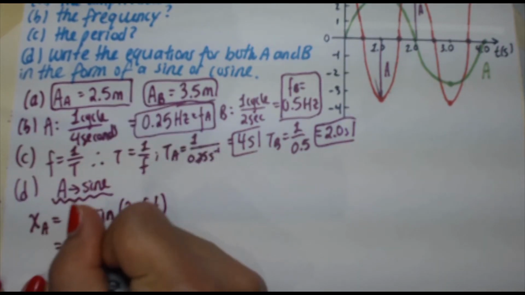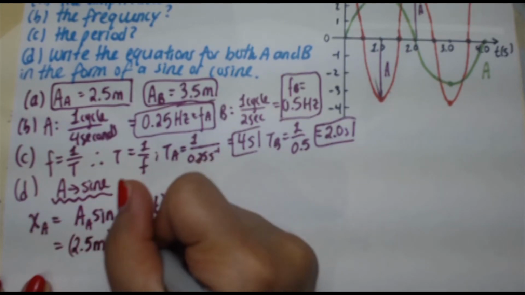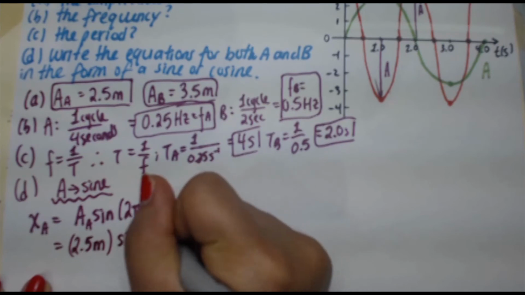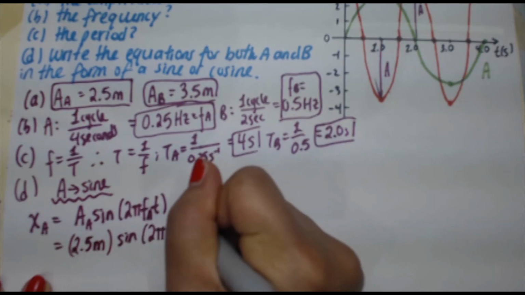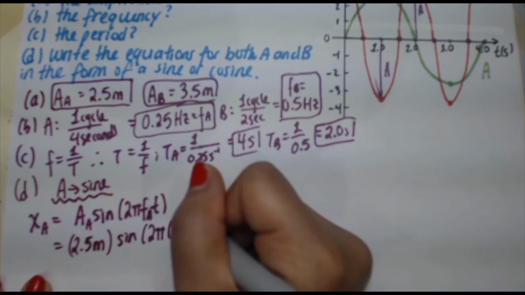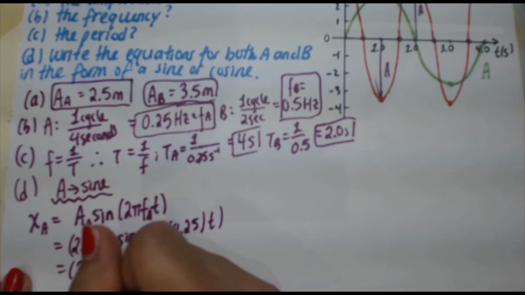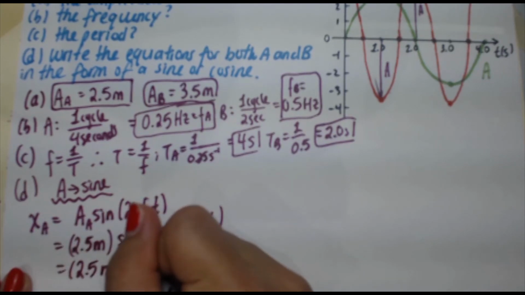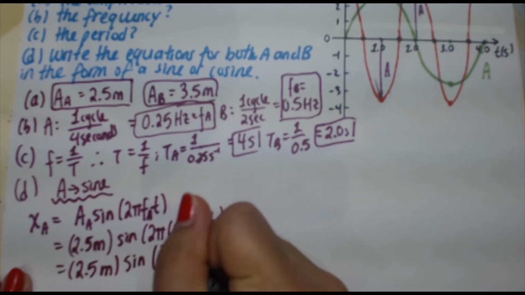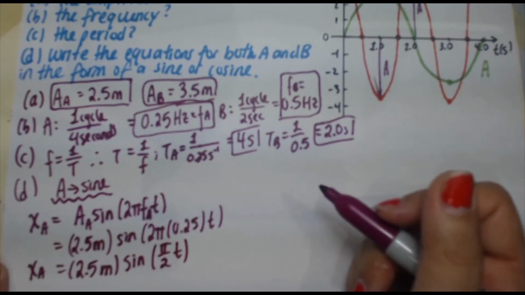So 2.5 meters, put that in brackets, sine 2 pi times f. f is 0.25, right, times t. So 2 times 1/4 is 1/2. 2.5 meters, sine pi over 2 t. And there is your expression for x_A.